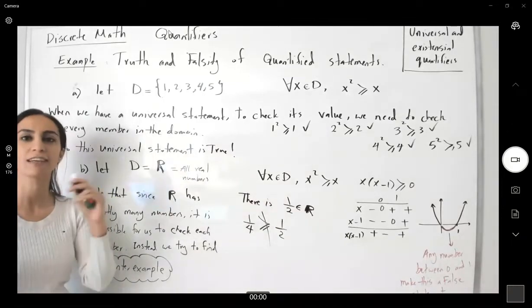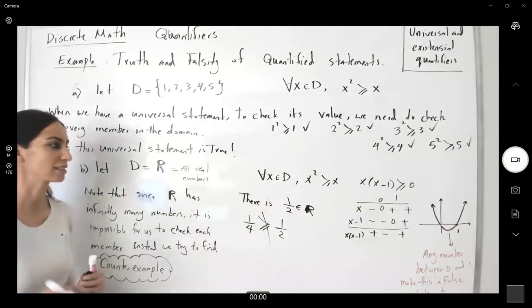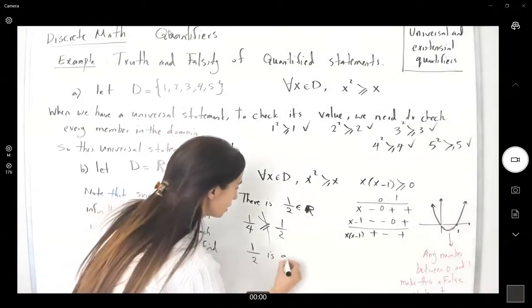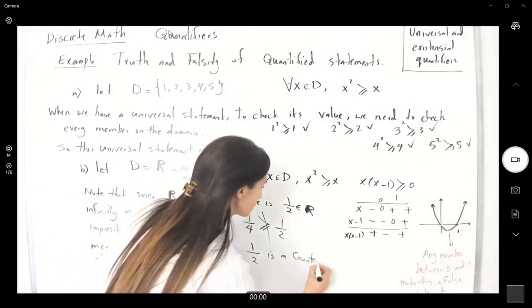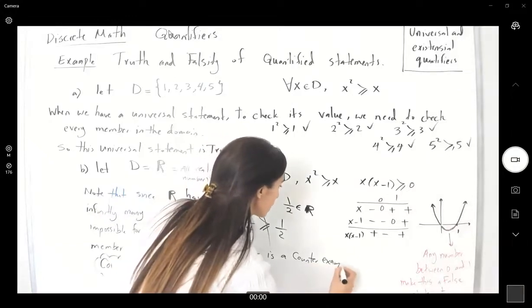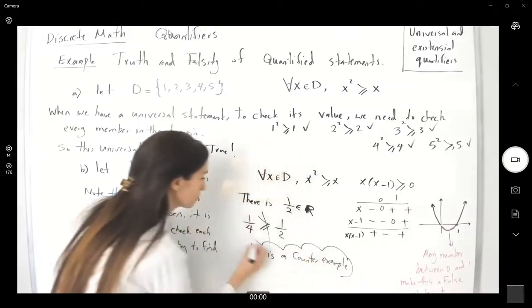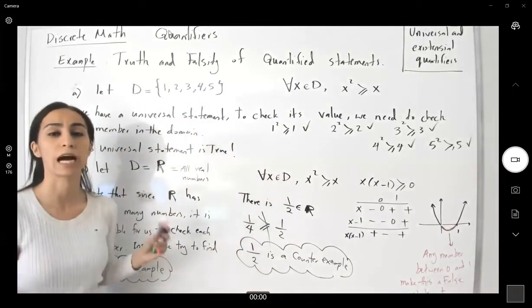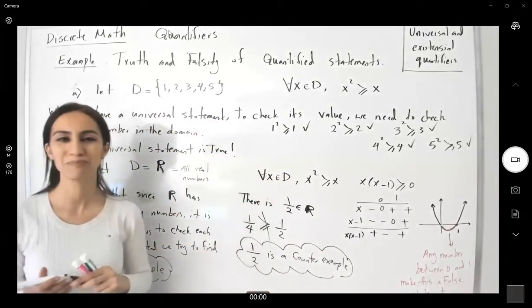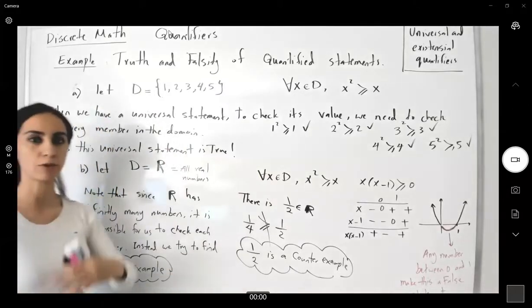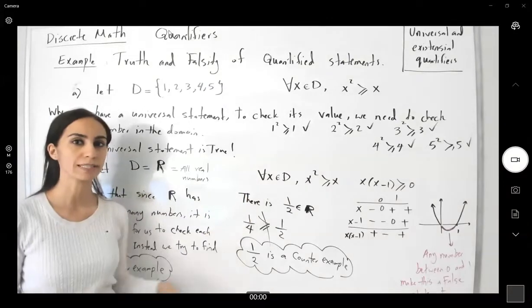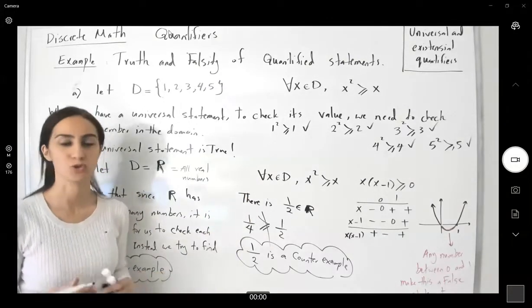A half is a counter example. You can come up with tons of different counter examples. This is one of them. So this counter example tells us that because of this domain, this universal statement cannot be true.